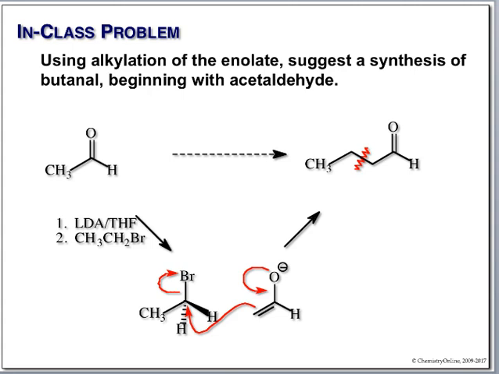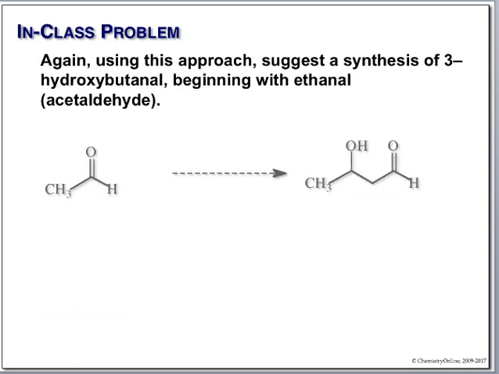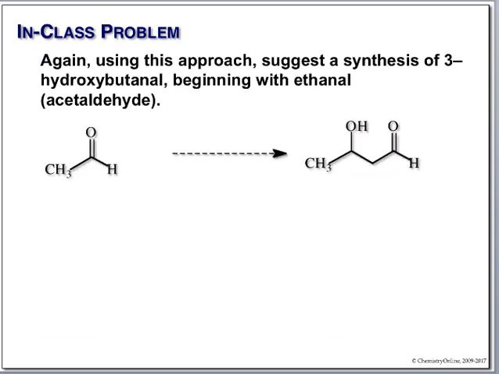All right, let's do one more. Again, let's start with acetaldehyde. And here we want to make beta hydroxy, well, that's 3-hydroxybutanal. Now do this exactly like we did the other one. Figure out the carbons that came from ethanal.